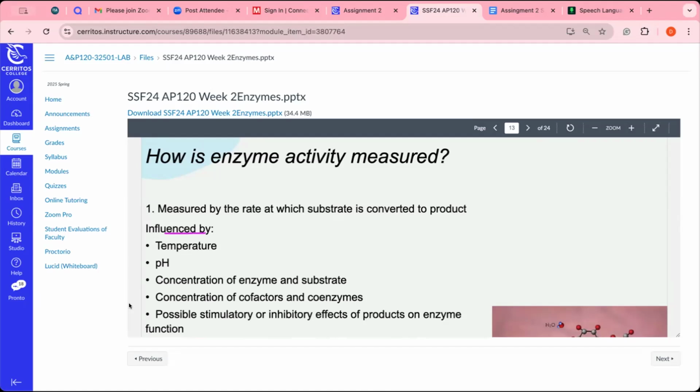So it's possible sometimes for products to stimulate or inhibit the effects of products. So sometimes the products that you produce change how the enzyme activity is.